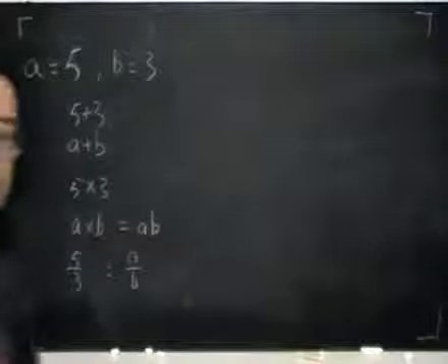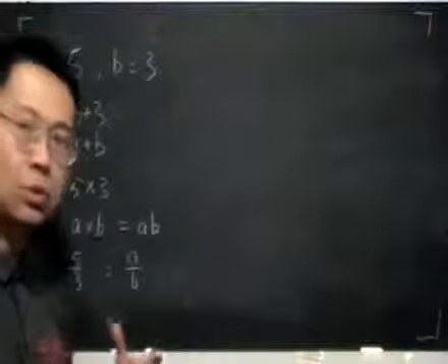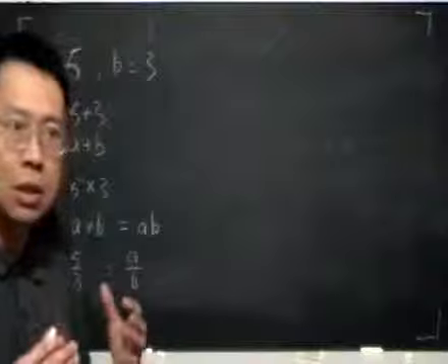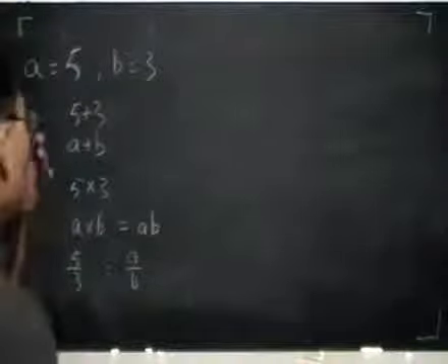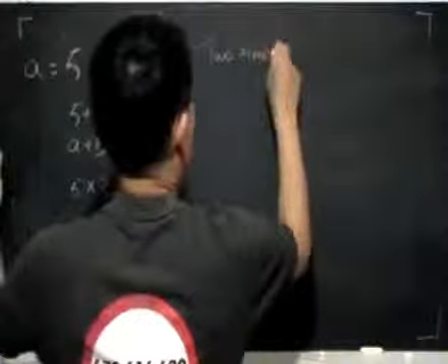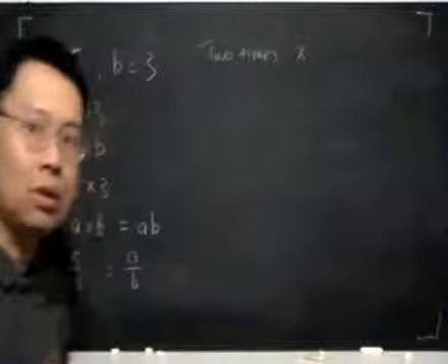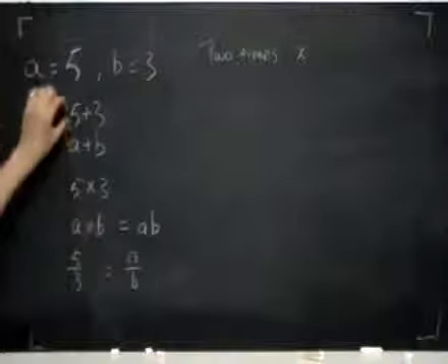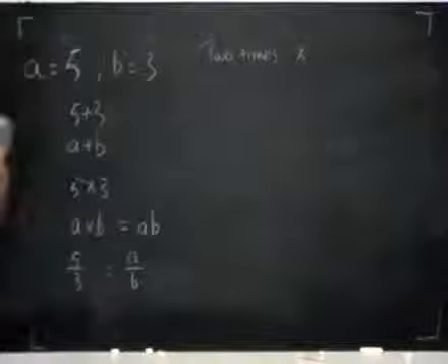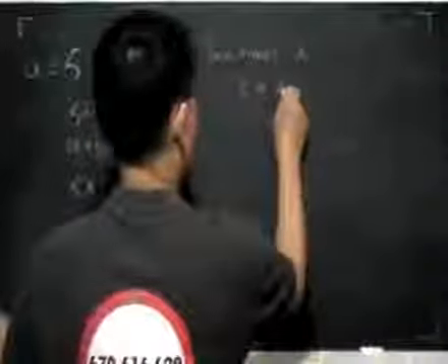So just as an example, if I need to write, say, 2 times a number that is represented by x. So in words, it would be 2 times x. Now if I want to write this as an algebra expression, I would write 2 times x.